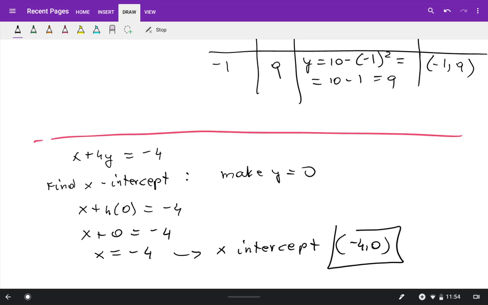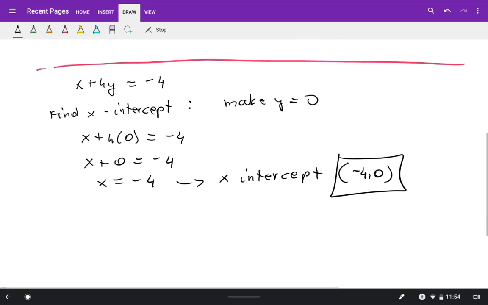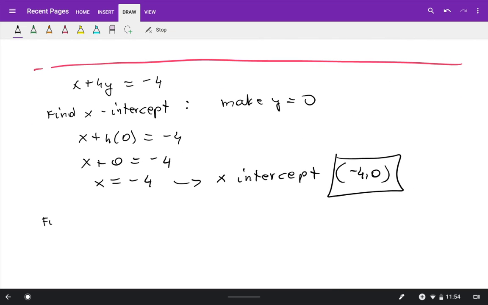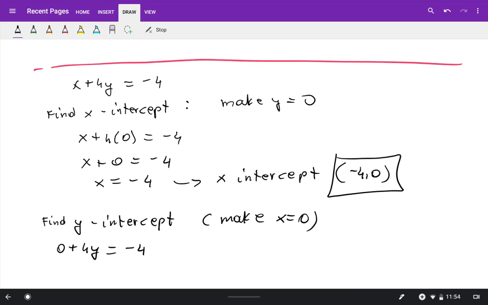They said plot intercepts, so you also have to find the y-intercept. How are you going to do it? Make x equal 0. So you have 0 plus 4y equals negative 4.